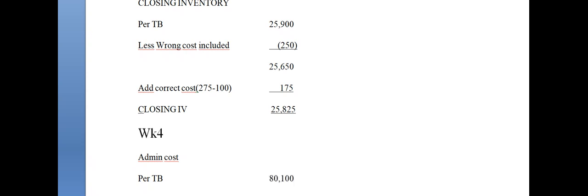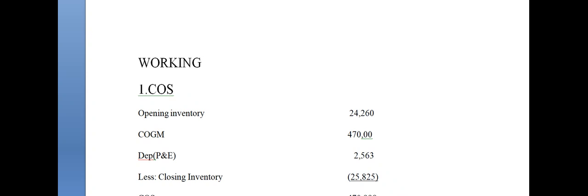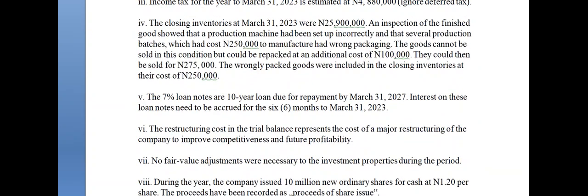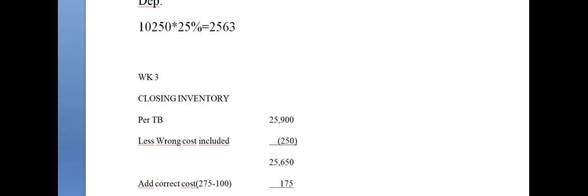8,100. And we were told to add building depreciation, right? Yes. Depreciation of building to be taken to administrative cost. So let's go.